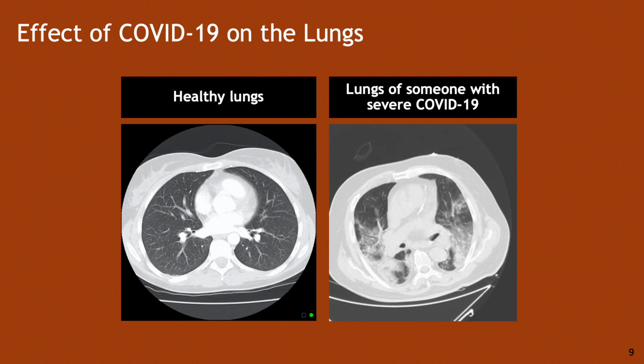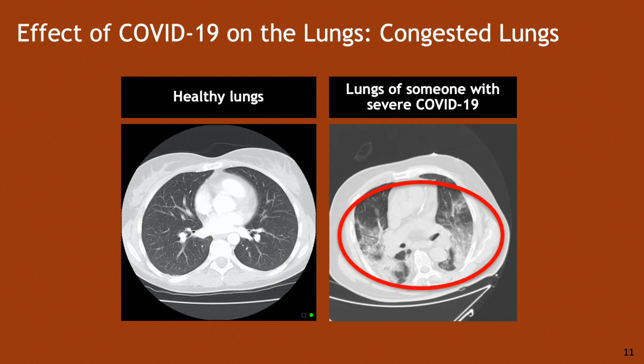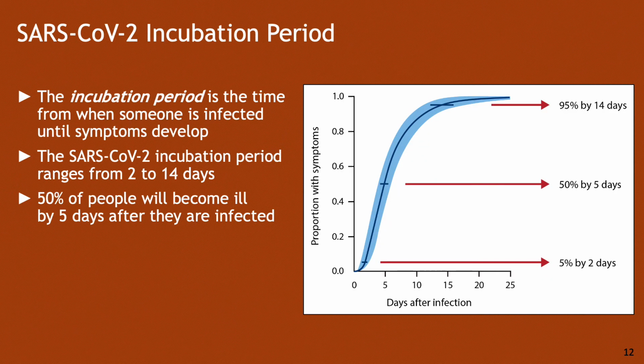Look at a healthy lung. Look at a lung of somebody with severe COVID. Healthy lung, somebody with severe COVID. Obviously, you can see the impact on the breathing there. Again, the incubation period is from when somebody is infected until they develop symptoms.